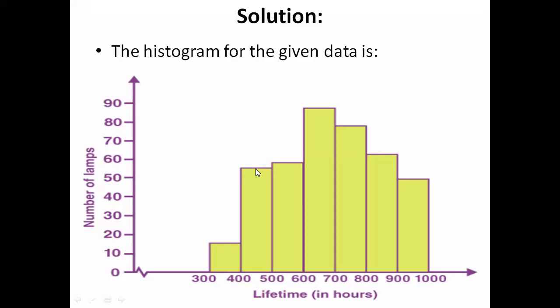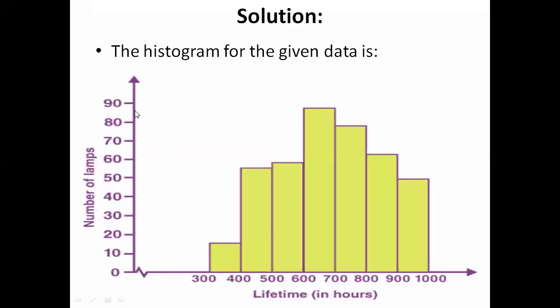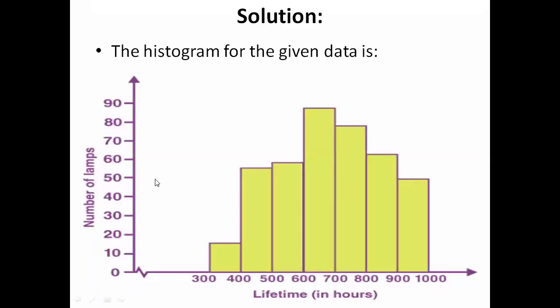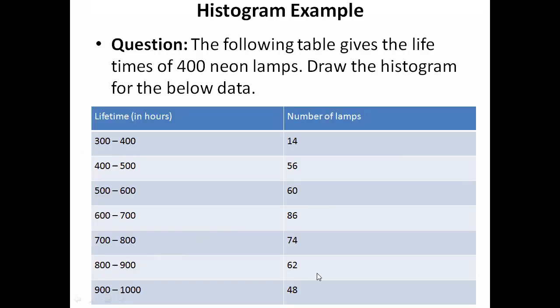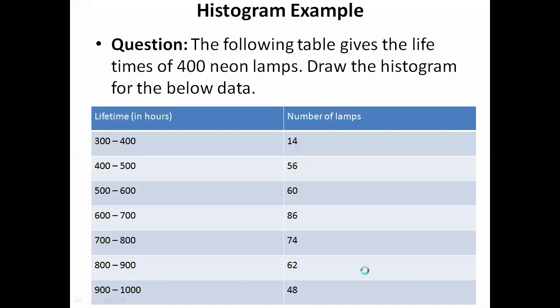Then 500 to 600: when we go to 60, it comes at 500 to 600. Then 86 at 600 to 700. Here 600 to 700. Then again it is decreasing, 74 at 700 to 800. Then here 800 to 900, 62. Then 900 to 1000, 48.